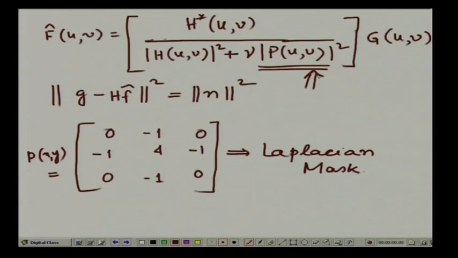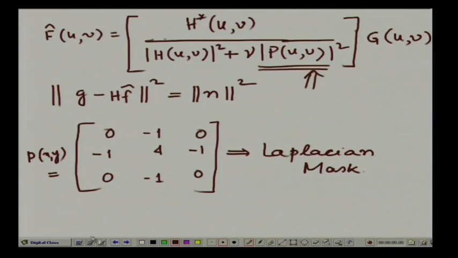As we said, this gamma has to be adjusted manually for obtaining the optimum result, and the purpose is that gamma is adjusted so that the specified constant is maintained. However, it is also possible to automatically estimate the value of gamma by an iterative approach.